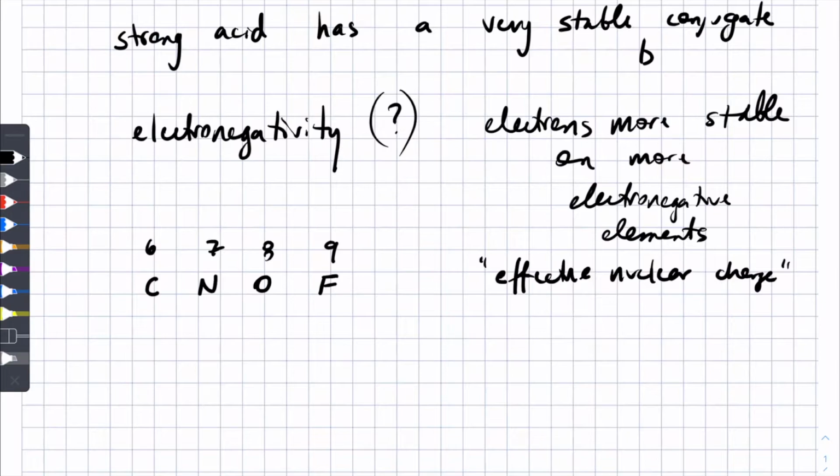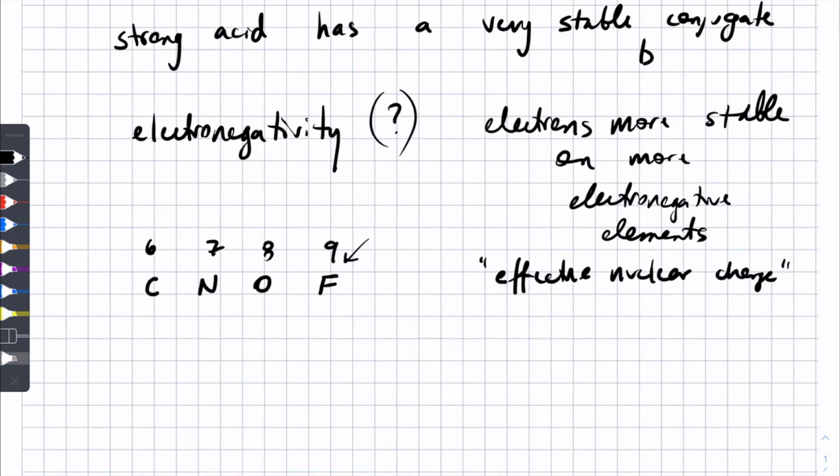So valence electrons in fluorine experience a much more positively charged nucleus than they do in carbon. And that means that those valence electrons, by experiencing a larger charge, move closer to the nucleus and are therefore more stable.